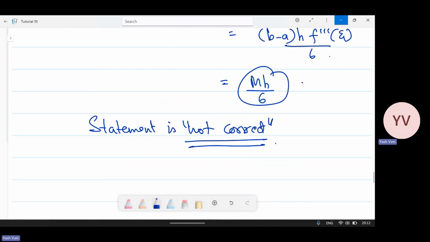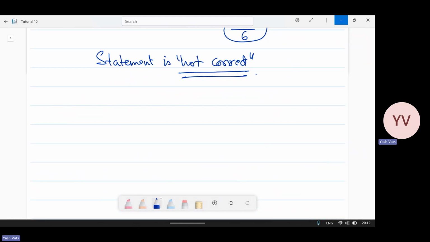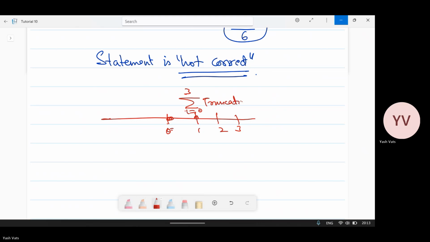Total means global error. Let me explain for a while. There is a truncation error which you take on one time step, but global error means you sum from 0, 1, 2, 3, say i equals 0 to 3, these truncation errors at i.